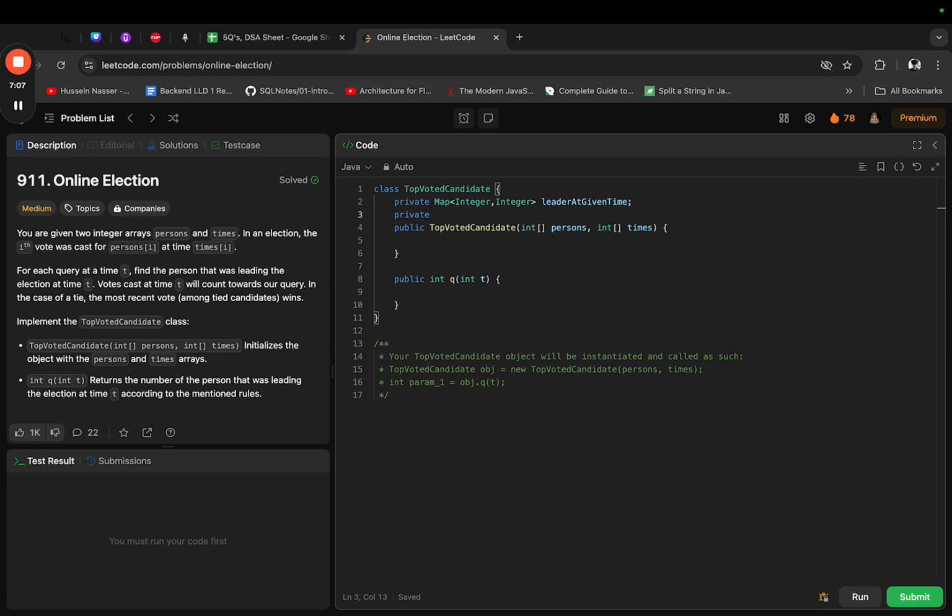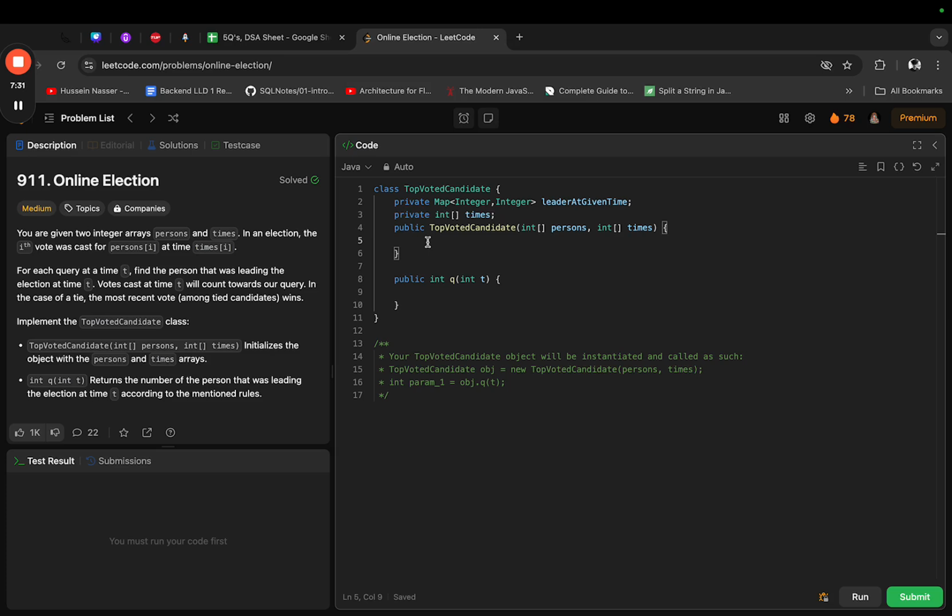Even the times array we are initializing there. What I mentioned before is that we have to keep track of leaders at a given time, as well as the votes cast for that particular person.